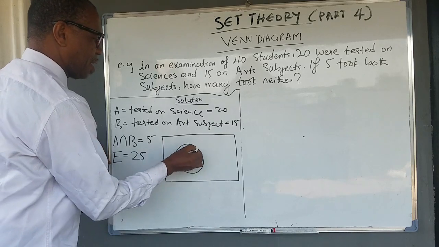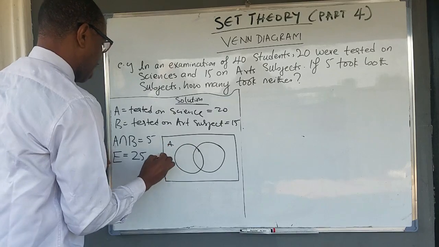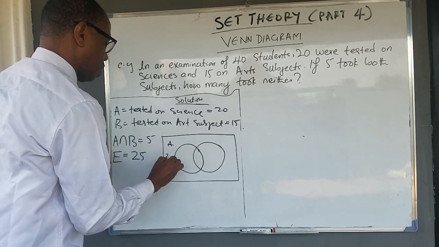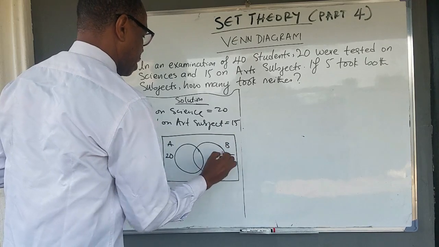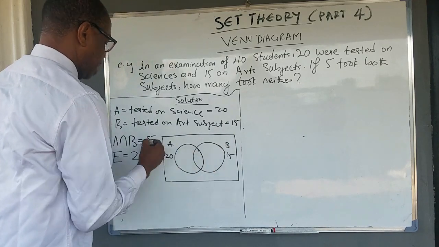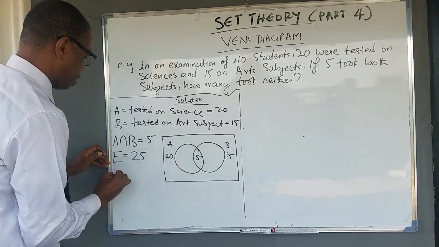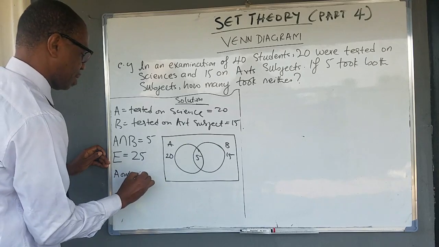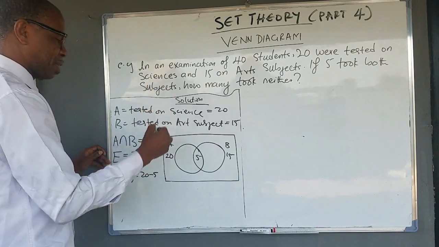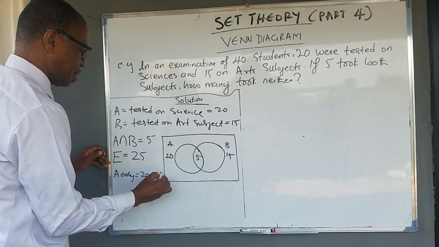So I have here A is 20, B is 15, and A intersection B is 5. Then for me to find A only, it is equal to 20 minus 5, which will give me 15.